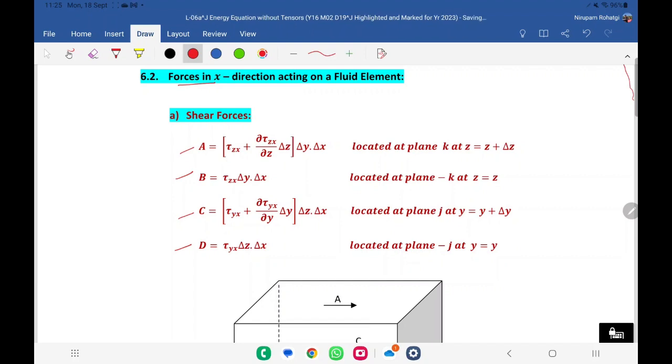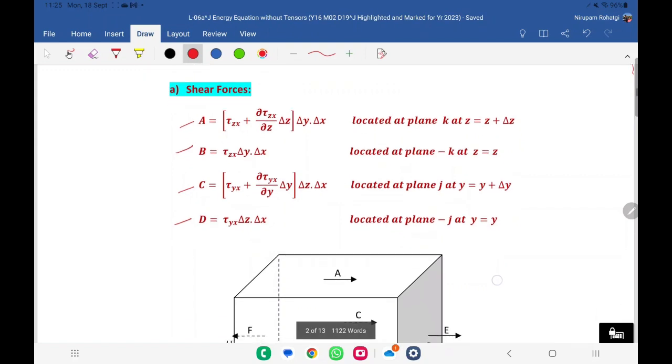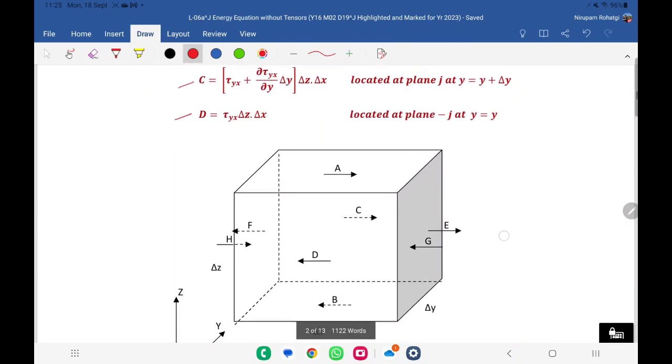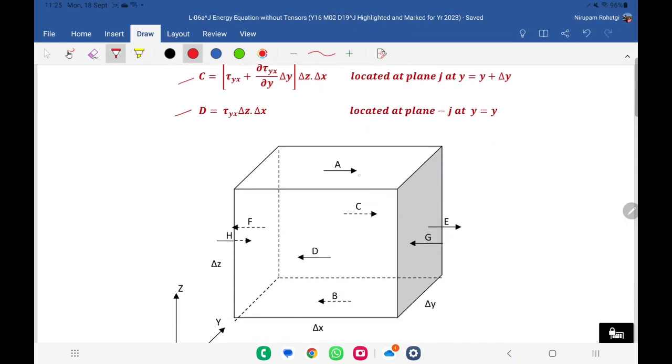So these are the shear forces. And you can see here they are here. A is here, B is here, C is here, D is here. We are considering only in X direction. Rest all we will add up.